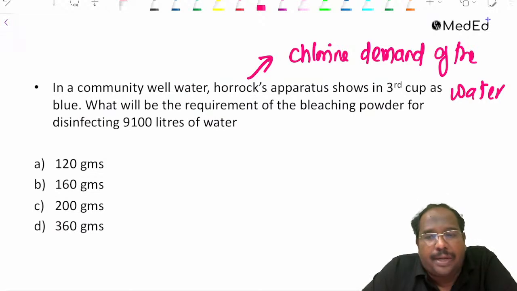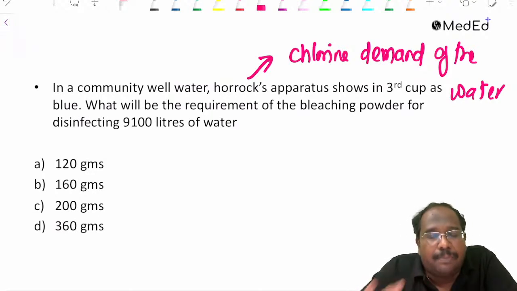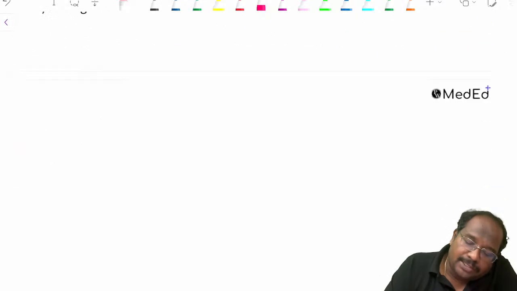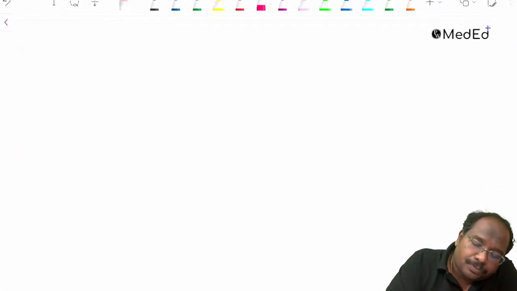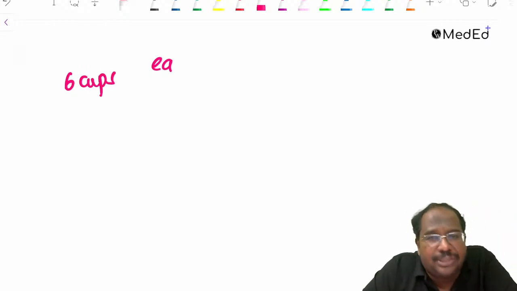How much is the chlorine requirement? Every water varies. The apparatus has 6 cups. Let us see the concepts first. In the 6 cups you add water as well as the reagent. Then there will be a change in color of the cups.